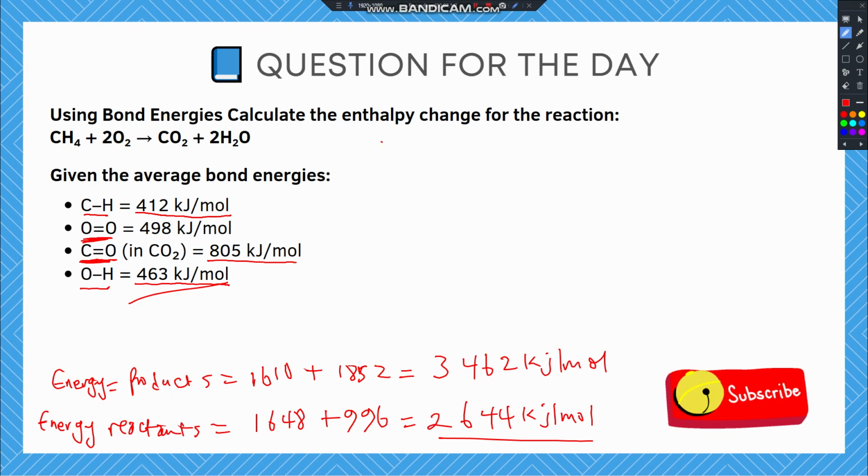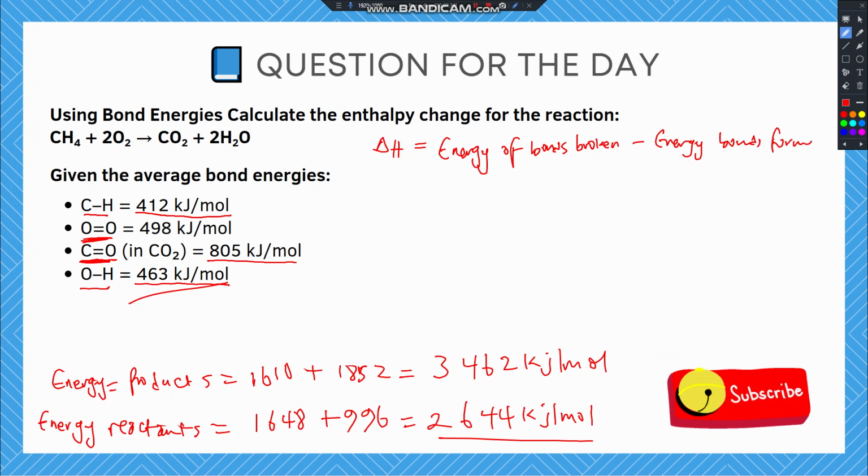And the enthalpy change for a reaction based on bond energies is equal to the energy of bonds broken minus the energy of bonds formed. This one stands for the reactants and this one stands for the products.